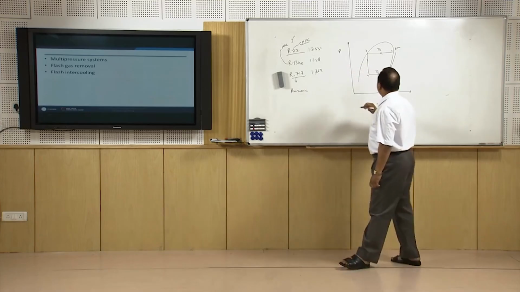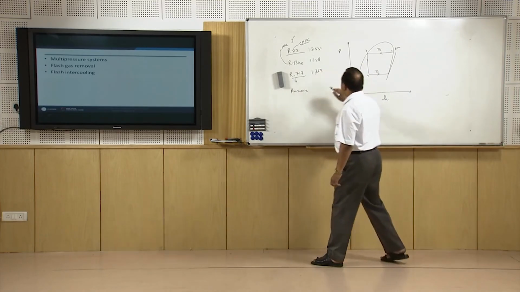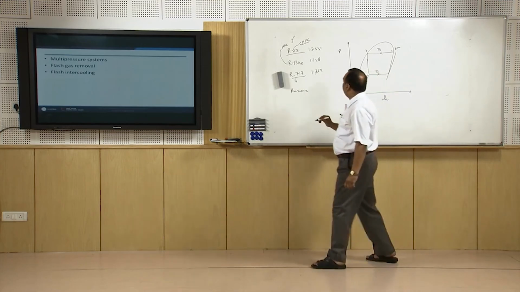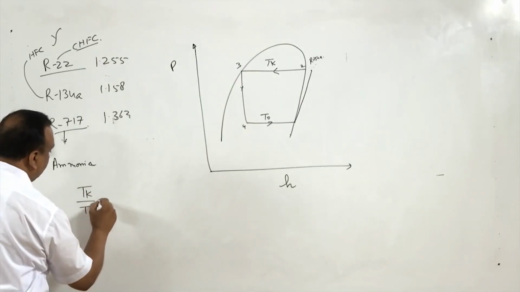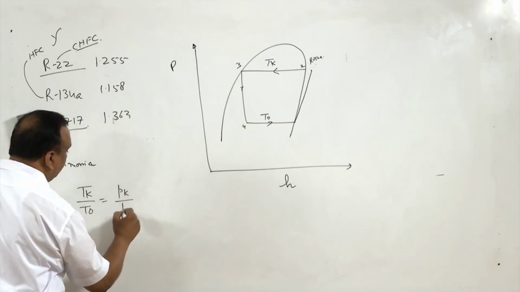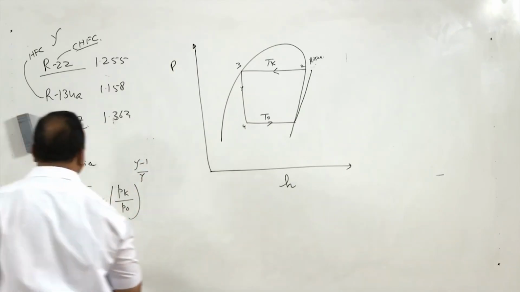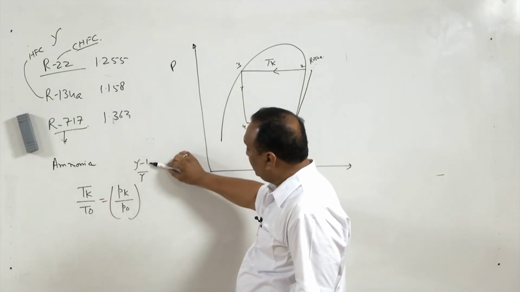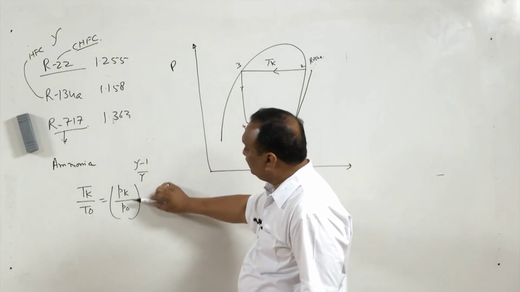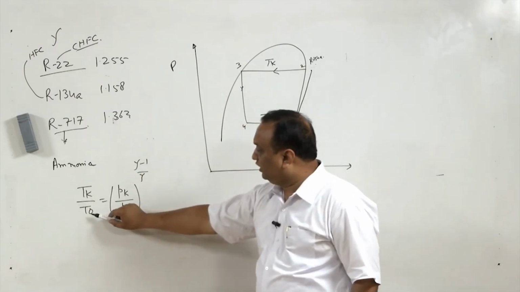This is ammonia. So for ammonia, the value of gamma is 1.363. So Tk by To is equal to Pk by Po raised to power gamma minus 1 over gamma. When we are increasing the value of gamma, this ratio is also increasing, and the value of Tk will increase because the value of To is constant.